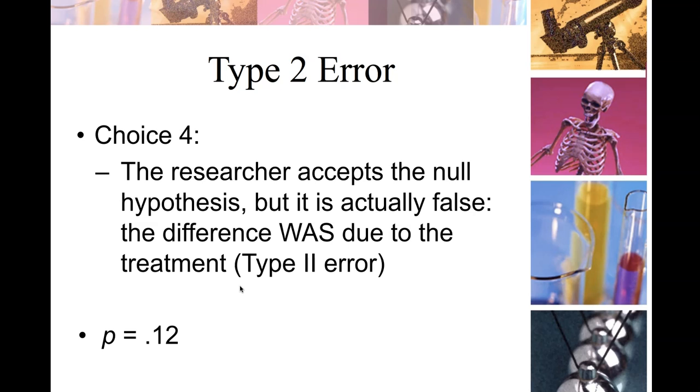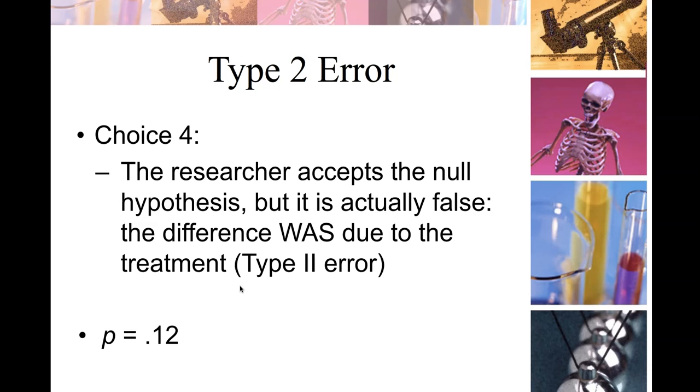We need to have a 95% chance that we're right, that there is a difference before we can say there's a difference. So you get a p-value of 0.12. You climb up that mountain and the old wise man says, yeah, you totally messed that up.